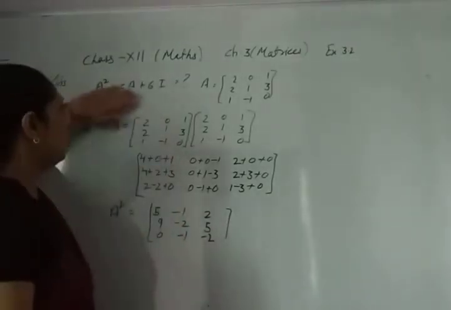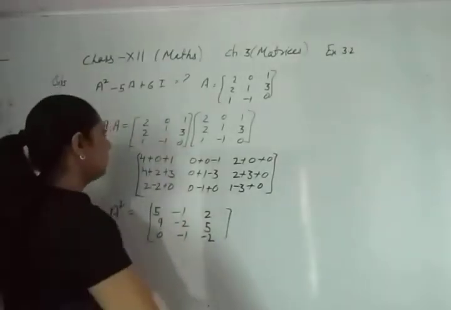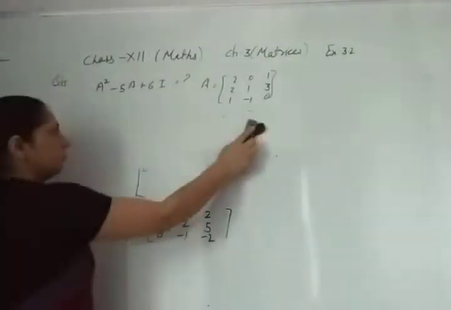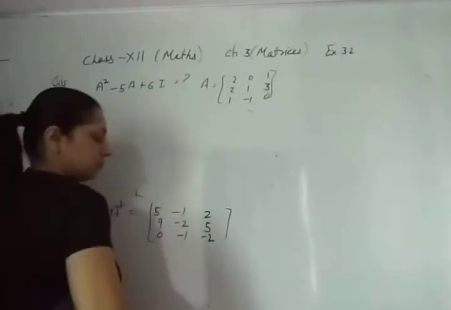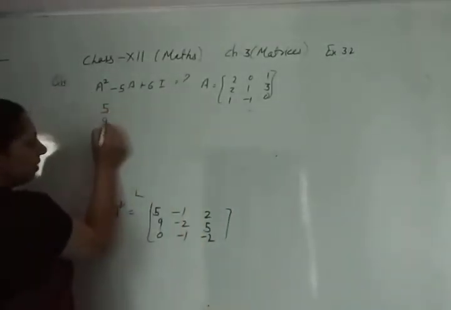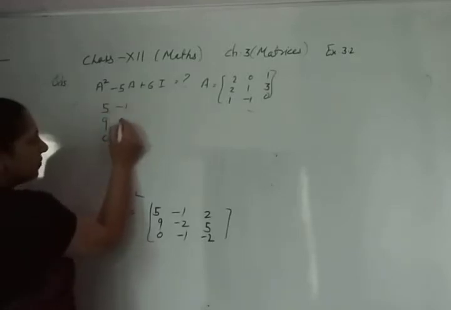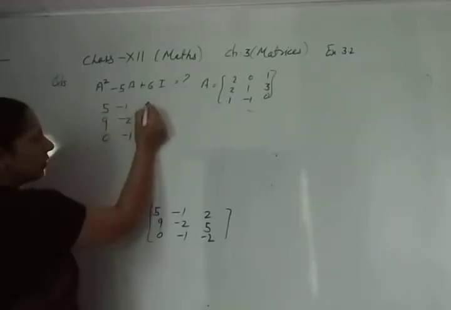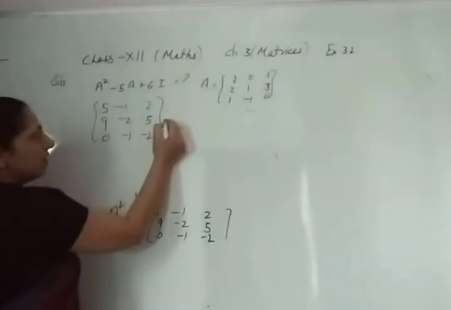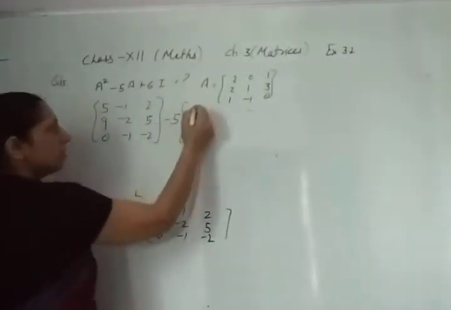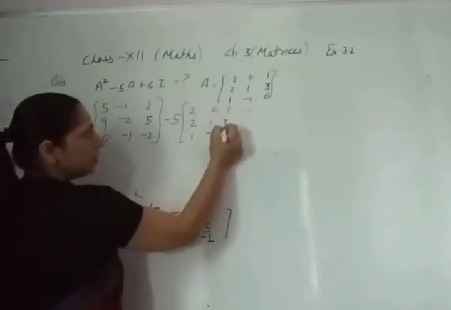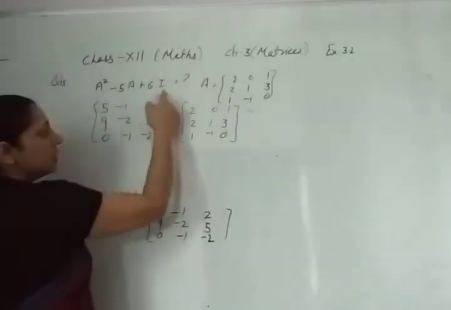Now put this value in this equation. A squared, that is [5, 9, 0; -1, -2, -1; 2, 5, -2], minus 5 into [2, 2, 1; 0, 1, -1; 1, 3, 0], plus 6I.